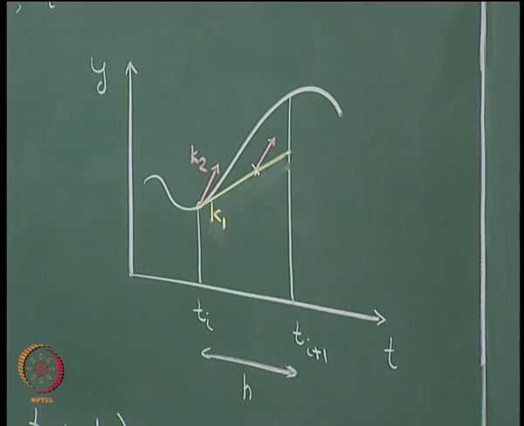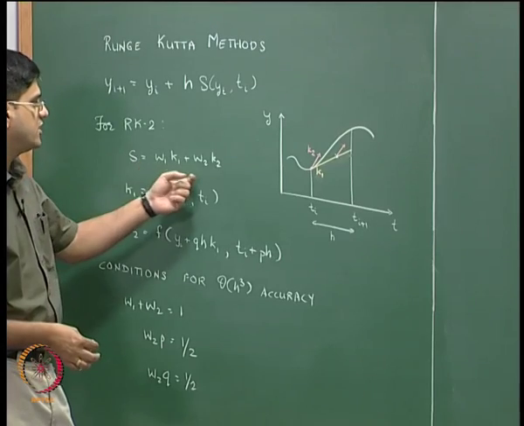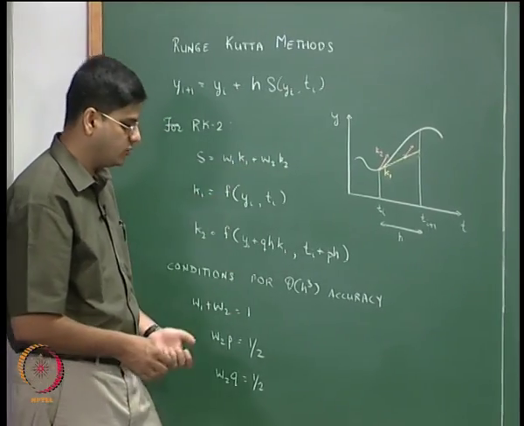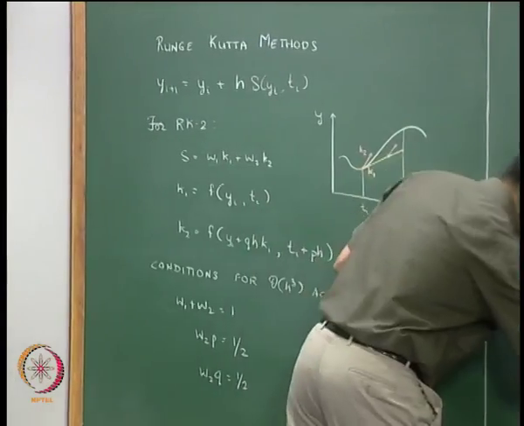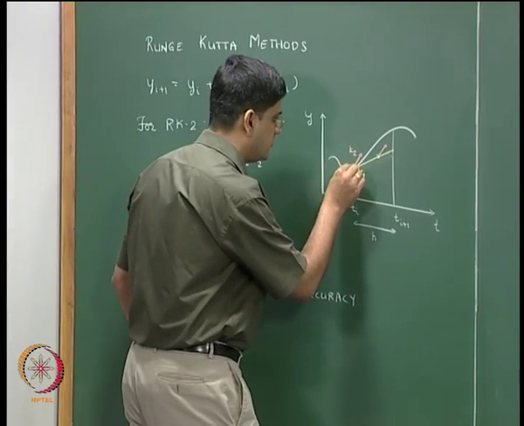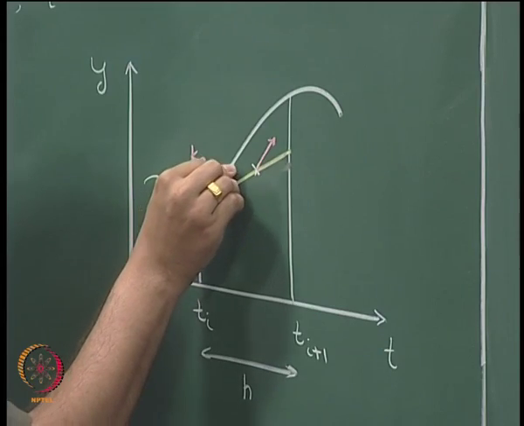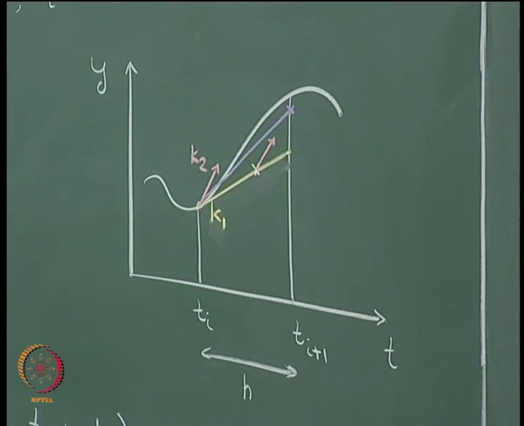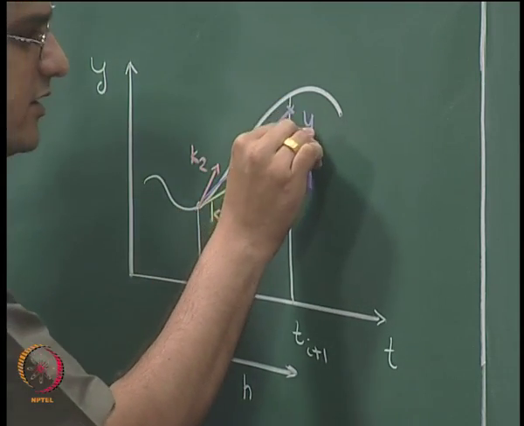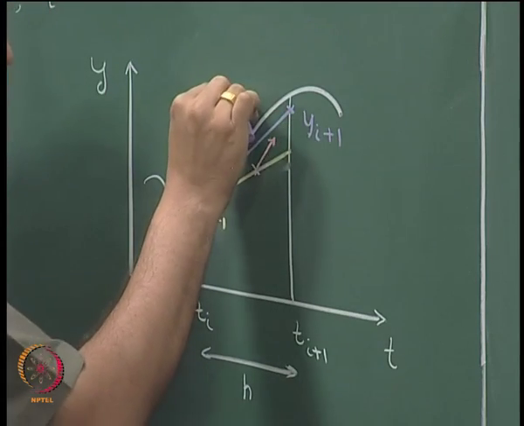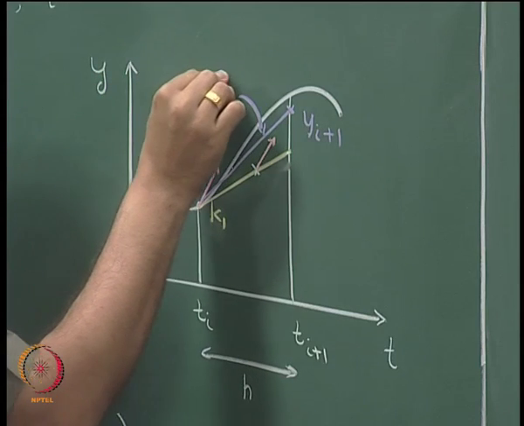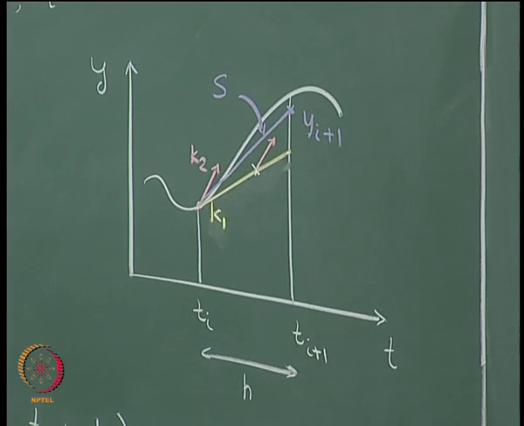And thus the value of S that we are going to consider is going to be a weighted average of K1 and K2, and that value might look somewhat like this, and this is going to be the point yi plus 1 that we will get, and the slope of this purple line is going to be nothing but S, okay. So this is the geometric interpretation of the RK2 method.